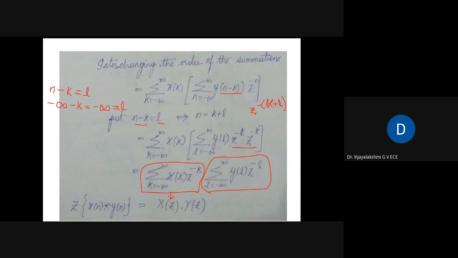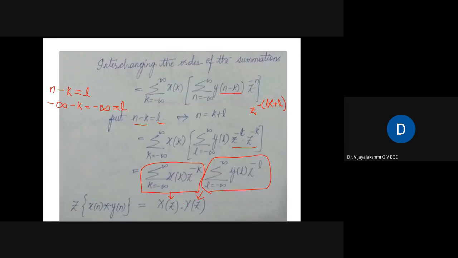And this quantity is also the z transform equation, y of L into z power minus L. Instead of n, I have L. So this is also the z transform of the sequence y of L, and I can write this as y of z. So I got the z transform of the convolution of two sequences equal to the product of their transforms in the z domain. So this is about the convolution property.